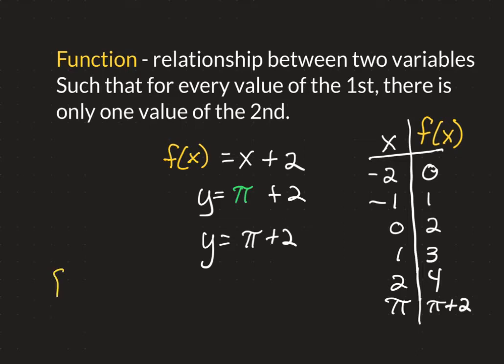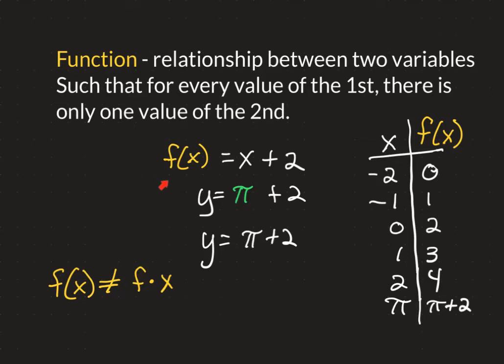Note, f of x does not equal f times x. It means something different. This function, f of x, means that you're going to add 2 to every x to make this function. Okay, you can read it the function of x.